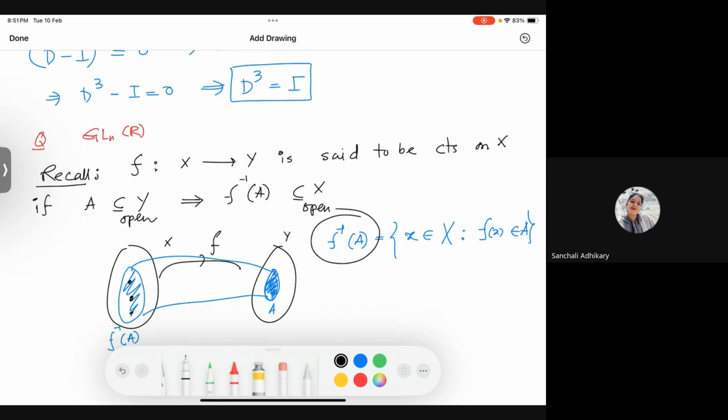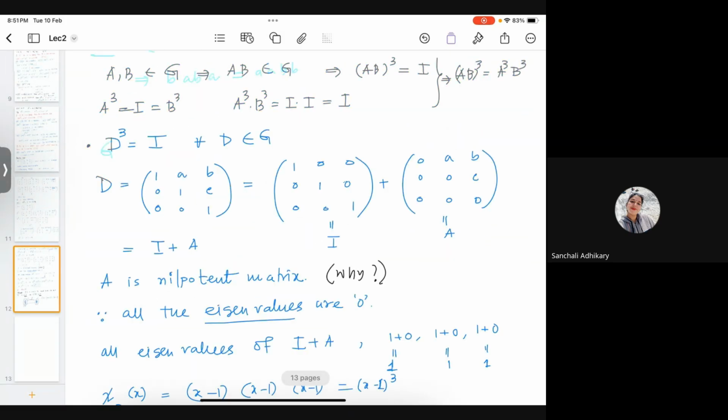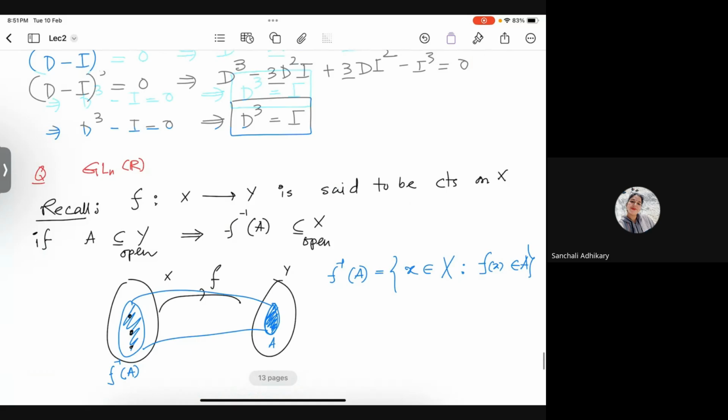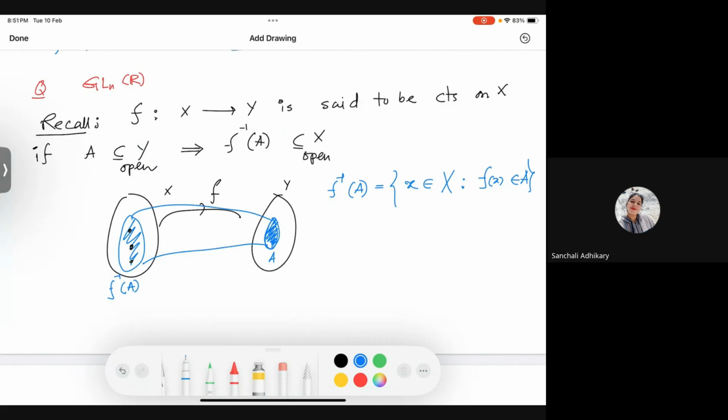This is just a notation. This is the definition of a continuous function.